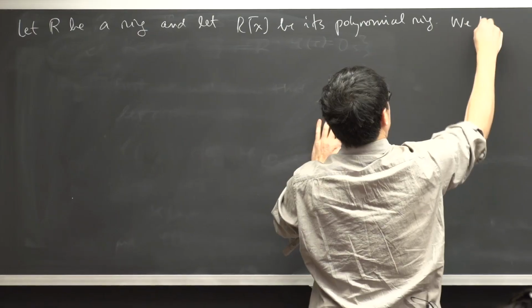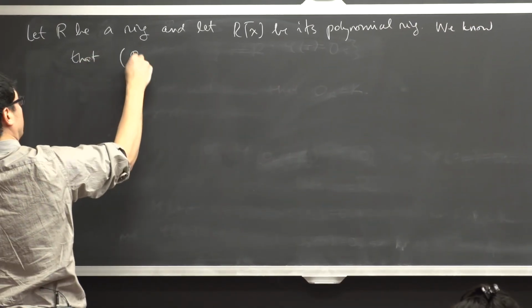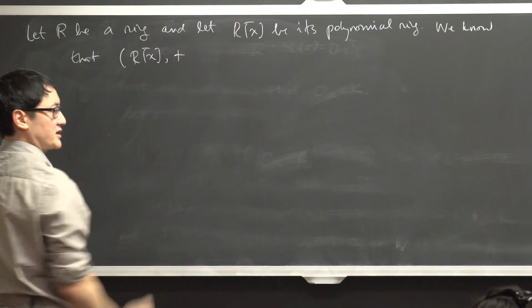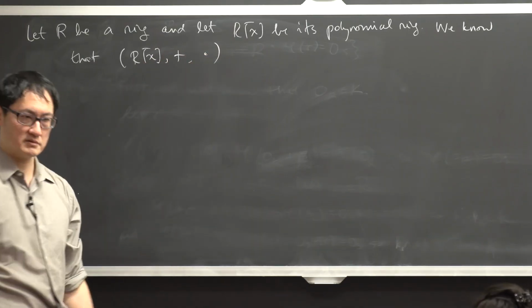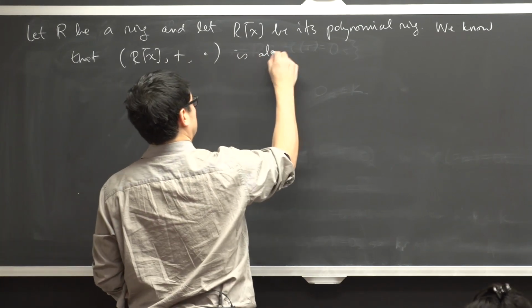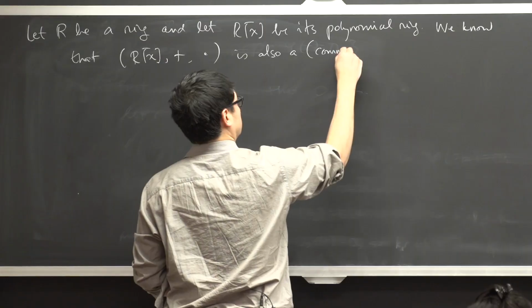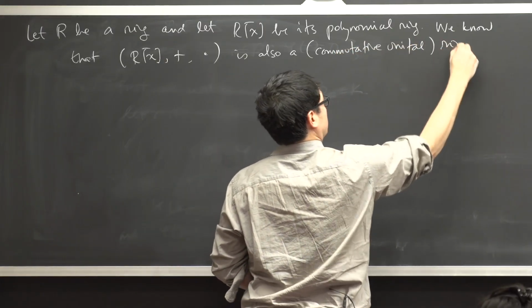We know that we can give R[x] an addition. We know how to add polynomials, and we define a certain multiplication that makes this into a unital ring. It's also a commutative unital ring.